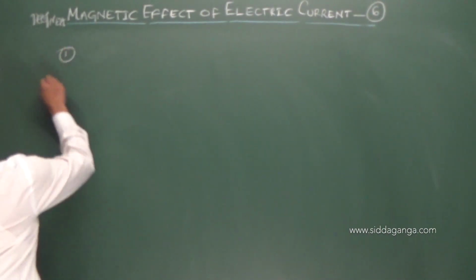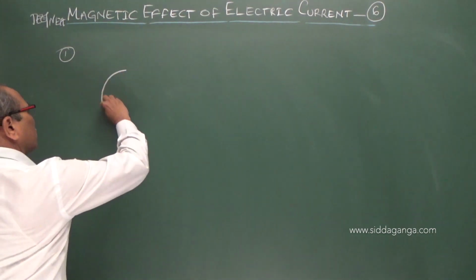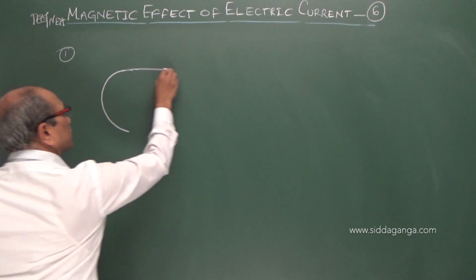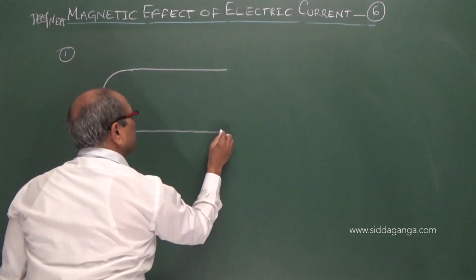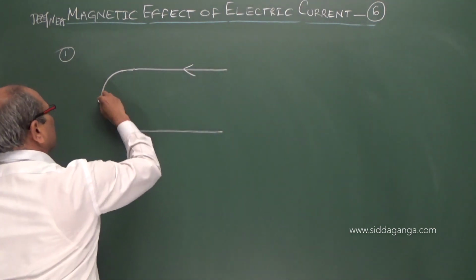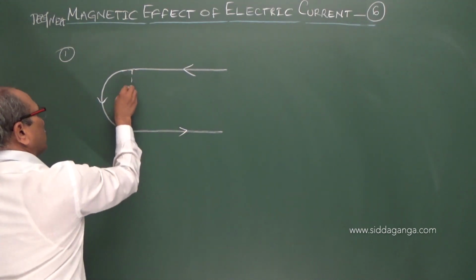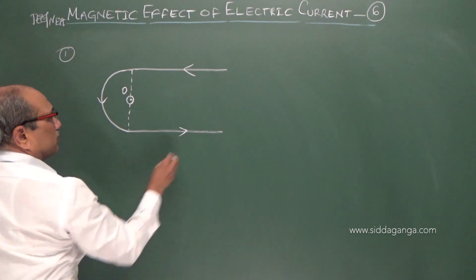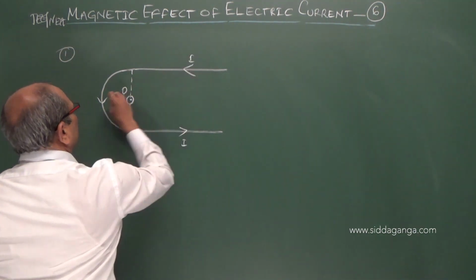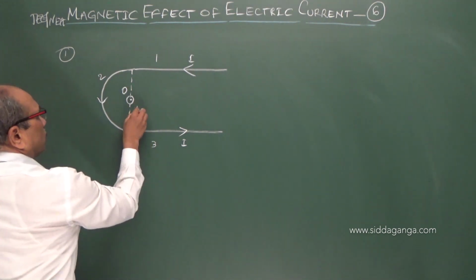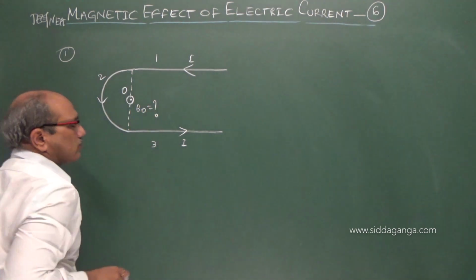So let us take an example like this. What is B0?